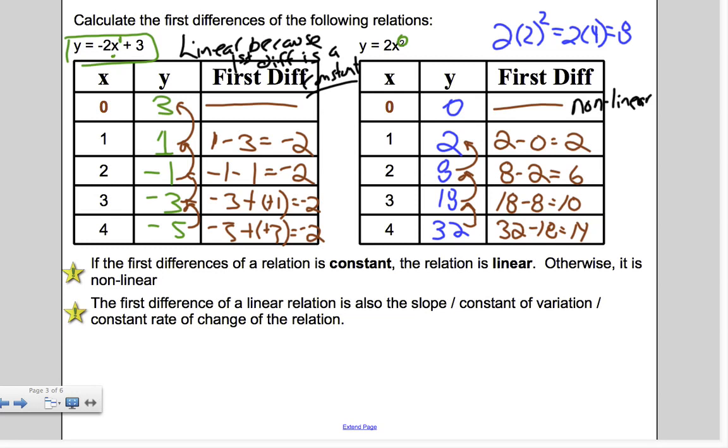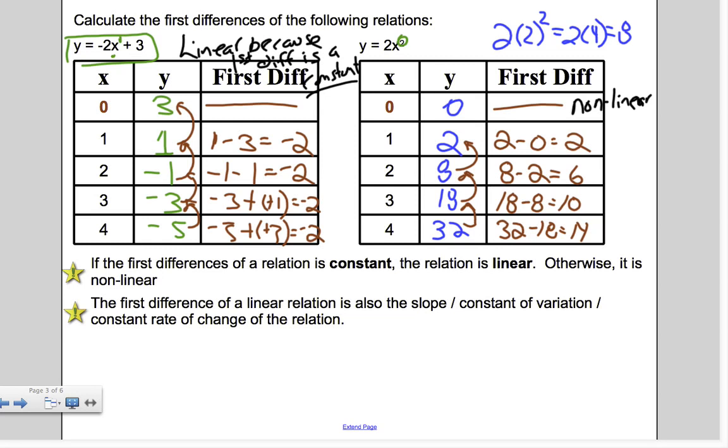So the first key concept is if the first differences of a relation are constant, then the relation is linear. Otherwise, it is nonlinear. That's why the second one was nonlinear, because the first difference was not constant.